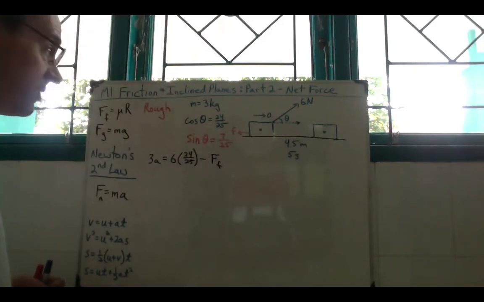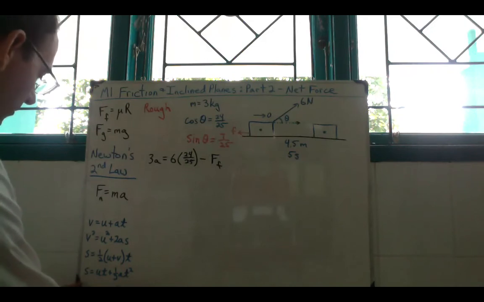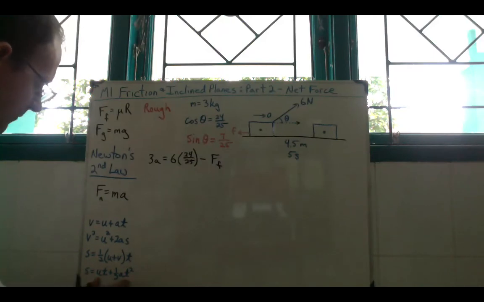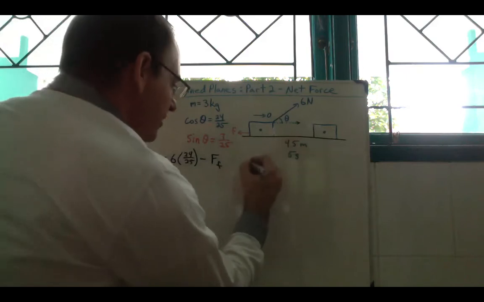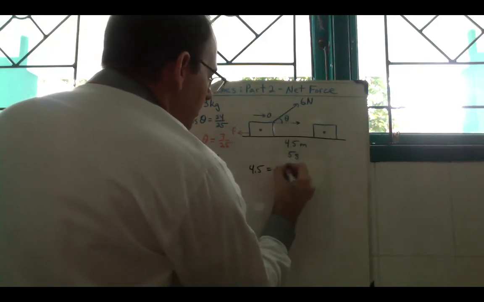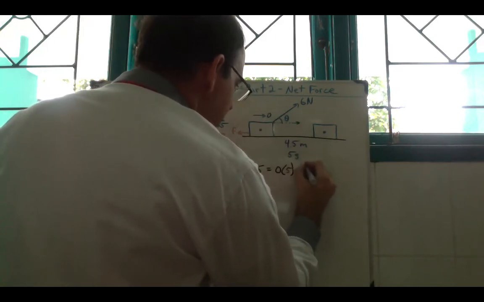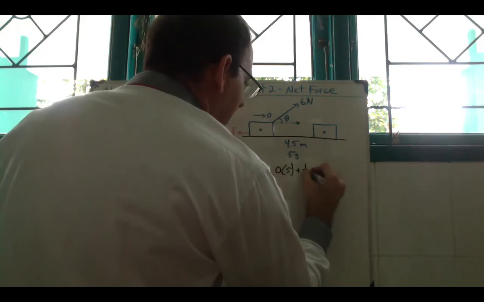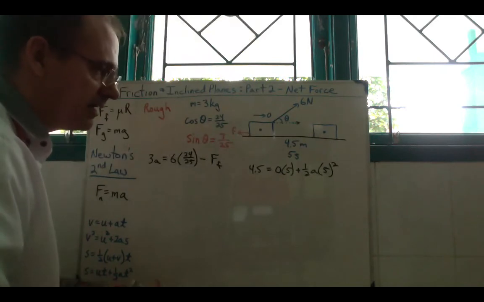So when we look at distance and time, and we have an initial velocity, we can use this formula down here at the bottom, and we get distance 4.5 equals ut, 0 times 5, because we started out with initial velocity of 0, plus 1/2 at squared. So a, the acceleration, is the only variable there.